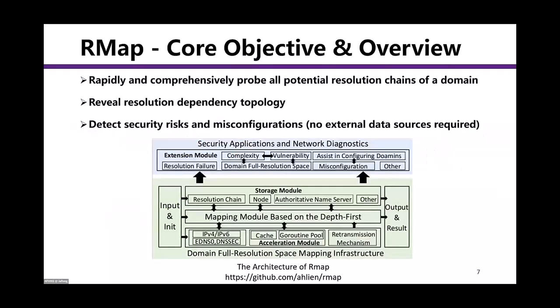To address this concern, we propose RMAP, the first tool of this kind. RMAP can quickly probe all resolution chains of a domain and map its resolution dependency topology. Based on this topology, we can identify and uncover all potential security risks and misconfigurations without relying on any other data. Admins can also use this tool to configure their domains.